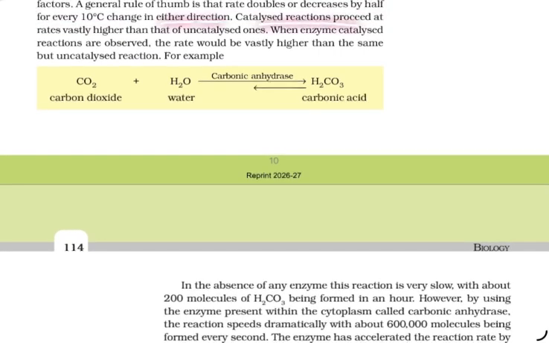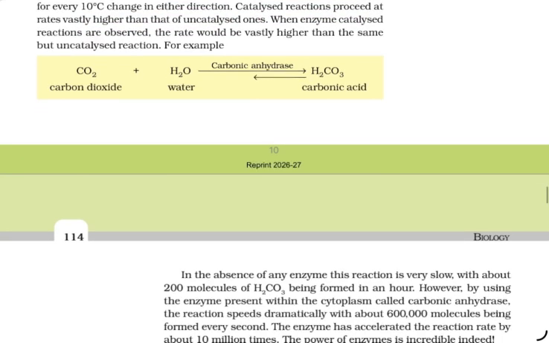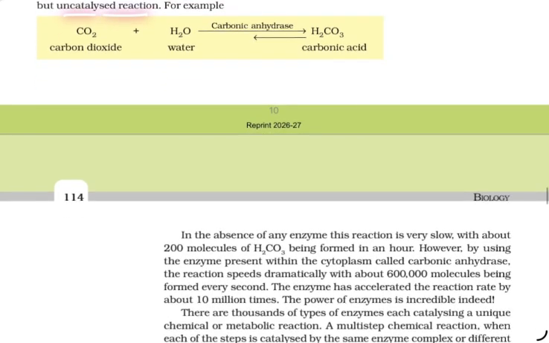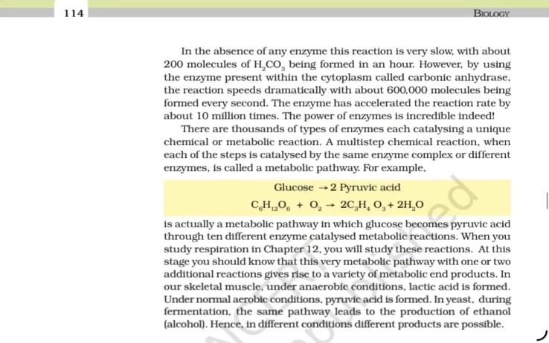Catalyzed reactions proceed at a rate higher than that of uncatalyzed ones. When enzyme-catalyzed reactions are observed, the rate is vastly higher than the uncatalyzed reactions. Carbon dioxide and water give H2CO3, that is carbonic acid.